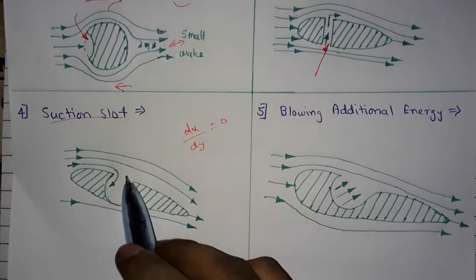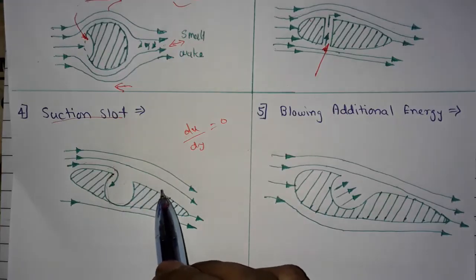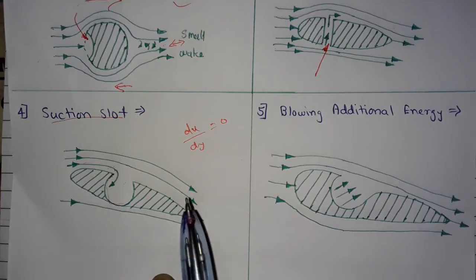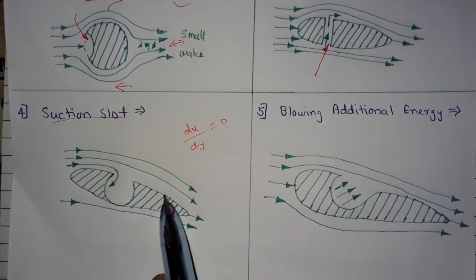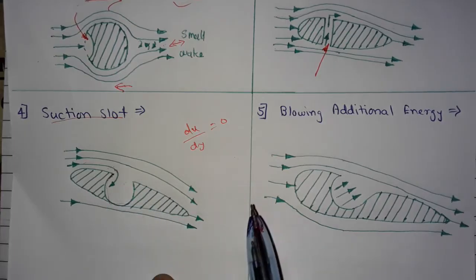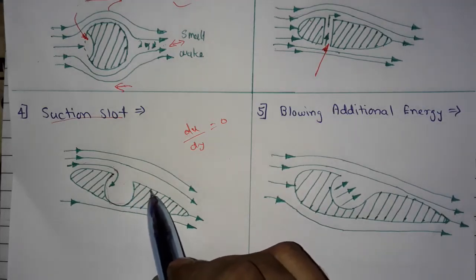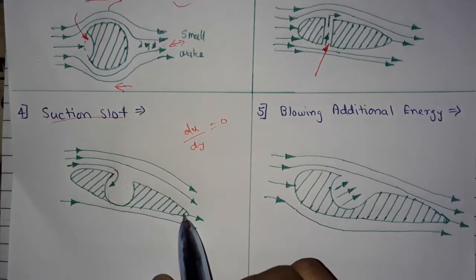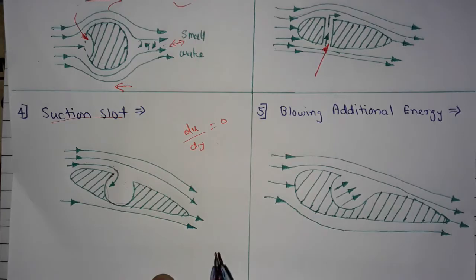Because of this, further layers of the fluid remain attached to the surface of the body, and there is prevention of the boundary layer separation.